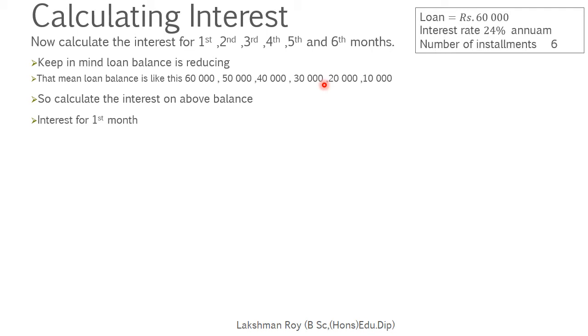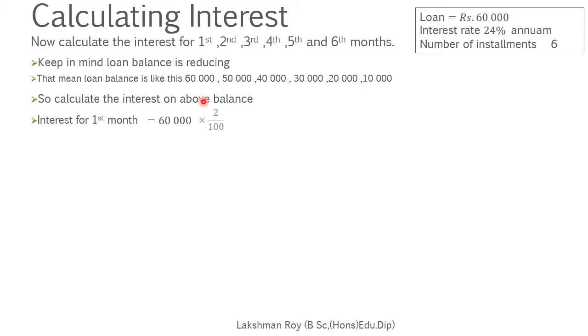Now see how to calculate the interest for the first month. Earlier I explained what the rate is. Here, in the first month the balance remaining is 60,000, so for this 60,000 you have to calculate the interest.